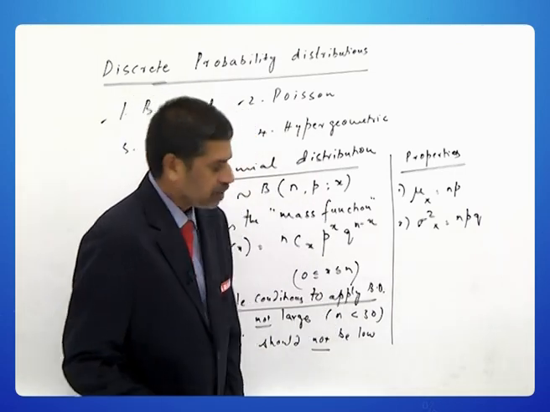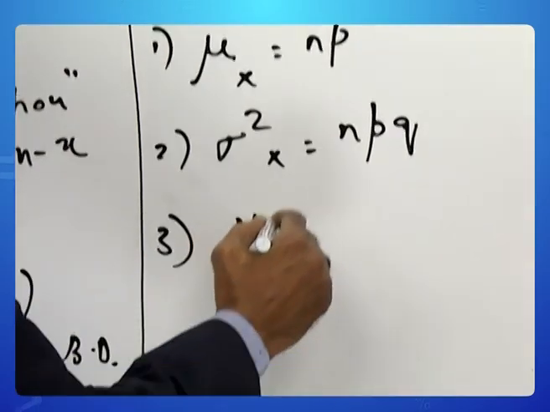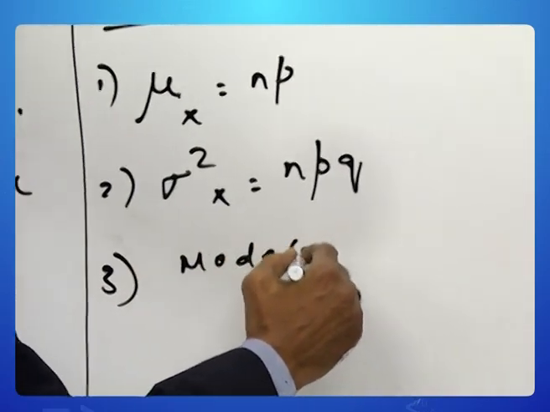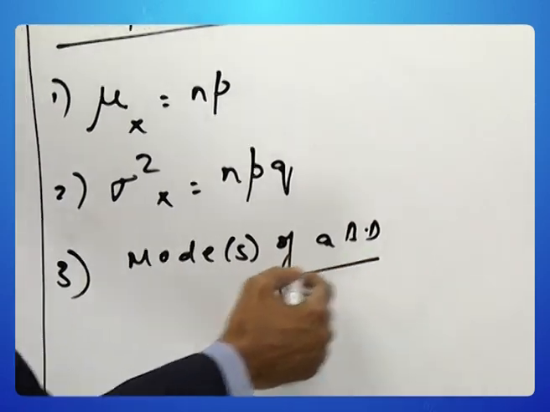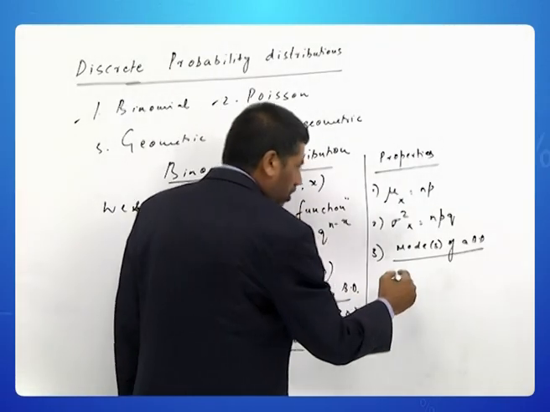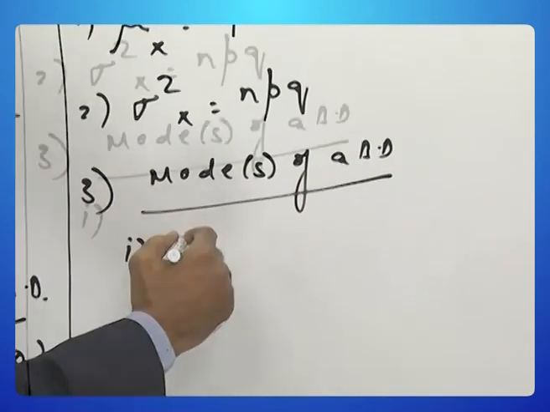But there is a slightly important property about the mode or modes of a binomial distribution. There are two cases.